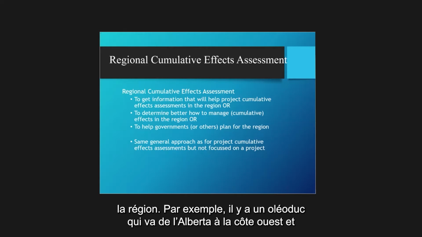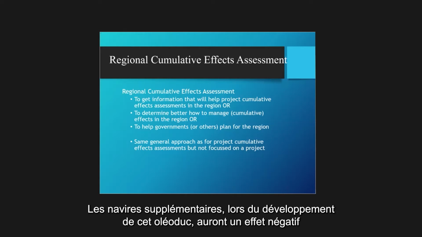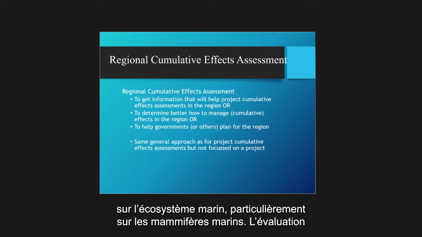So, for example, there is an oil pipeline that goes from Alberta to the west coast, and the oil product is put into ships that head off, and those extra ships, as they expand this pipeline, will have an adverse effect on the marine system and especially on marine mammals.